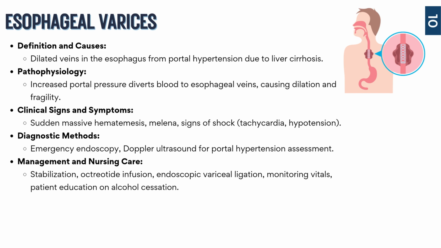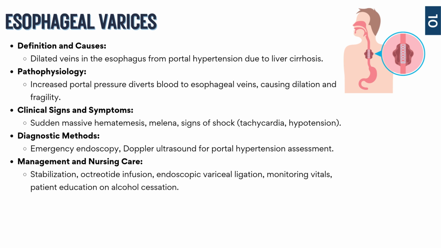Diagnosis is often made via endoscopy, which can also provide therapeutic interventions. More on that in just a second. Management includes stabilizing the patient with fluid resuscitation and blood transfusions. We will also give meds like vasopressin or octreotide, okay, because that will reduce portal pressure. Octreotide is very common to give these patients.